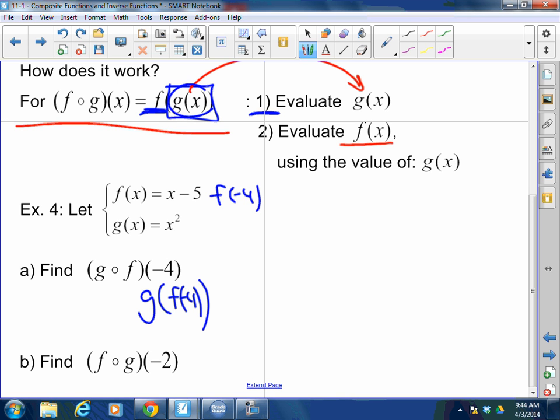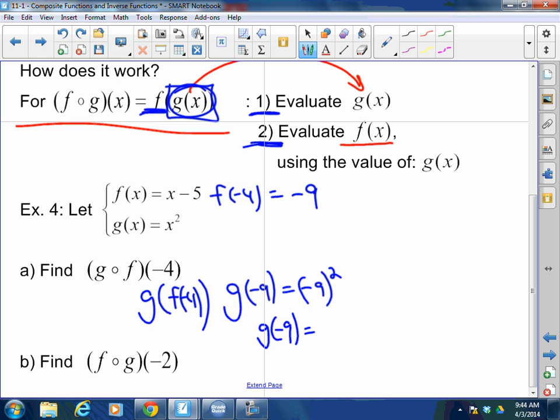You're going to find the interior one first. So that's going to be negative 4 minus 5, which is negative 9. Now step 2, evaluate the exterior. G of negative 9 equals negative 9 squared, because x is being squared. The value of x here is negative 9. So g of negative 9 equals 81.